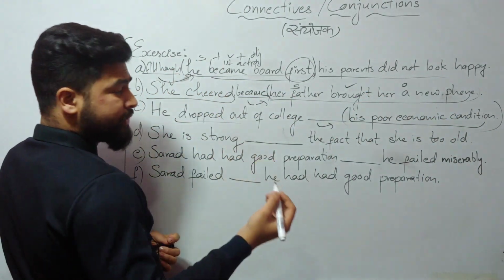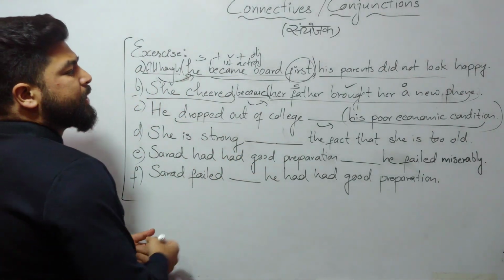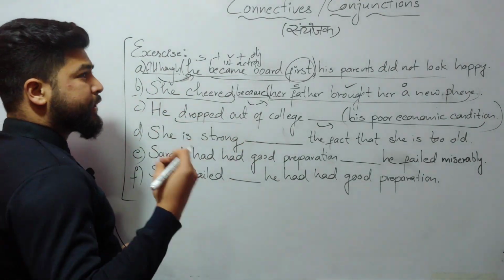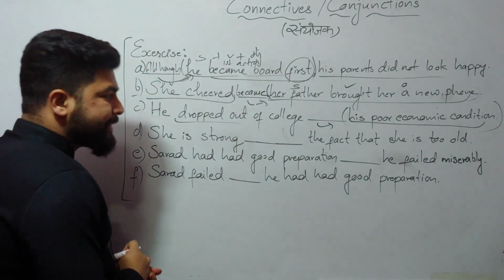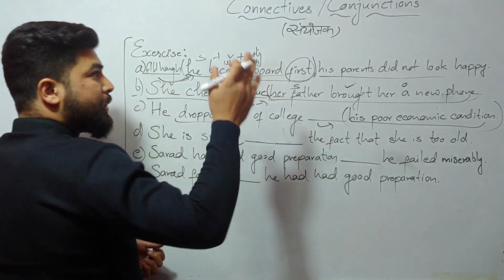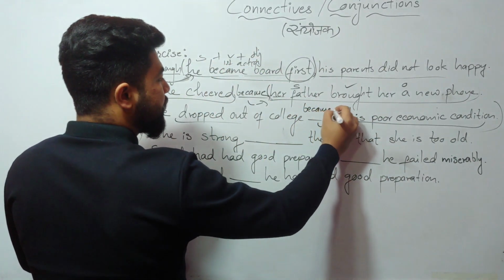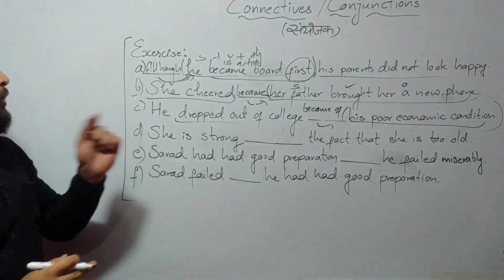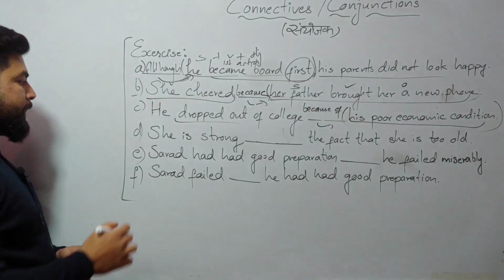Do you see a sentence? No, it is not a sentence, because to be a sentence, it needs at least subject and verb, which isn't here. So it is other than the subject, verb, object pattern. And for other than subject plus verb plus object pattern, reasoning, we only have because of. He dropped out of college because of his poor economic condition. That's your answer.